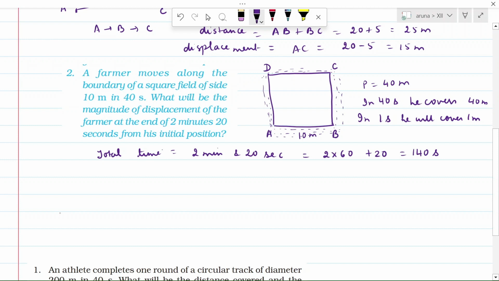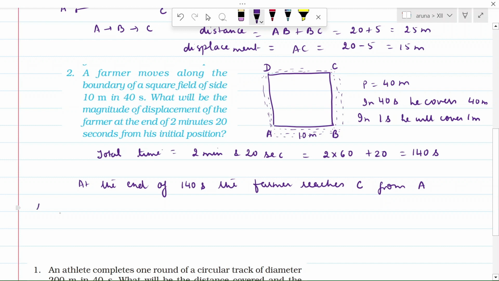After that, he is moving further on for 20 seconds only, which means he'll be going from A to B and B to C. So his final position is C now. So at the end of 140 seconds, the farmer reaches C from A.